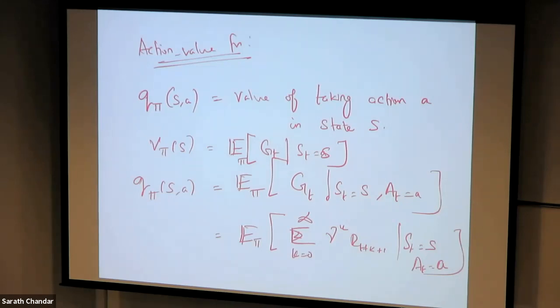For example, if you want to estimate the value of a state, you estimate it based on the average of returns that you have seen from that state. And as we know from the bandit setting, as t goes to infinity, this average in expectation is going to converge to the true value functions, right?